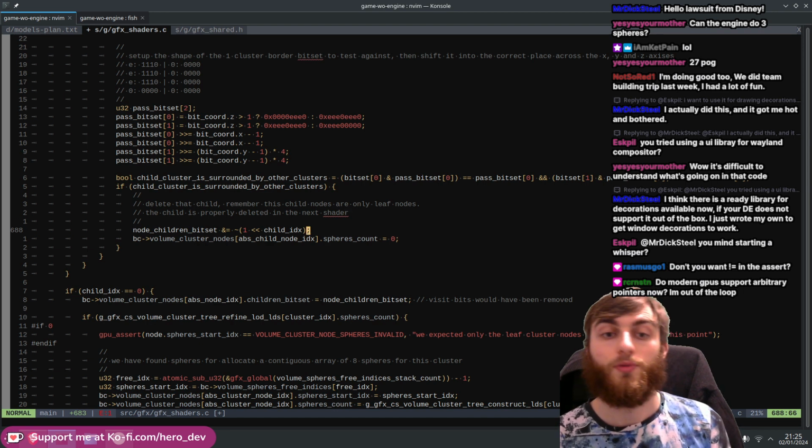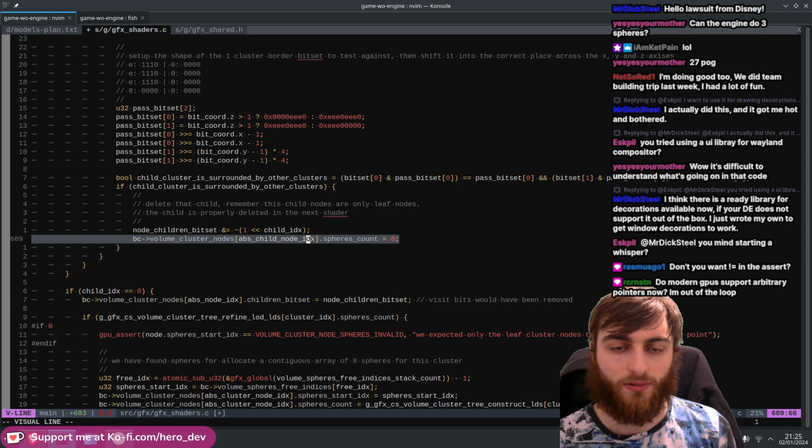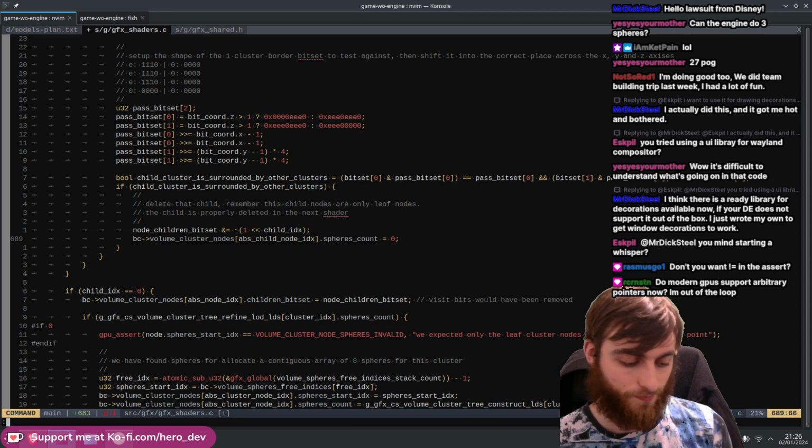So here we remove that, and we set this here. It's a leaf node. There are no children, then you would have got rid of the spheres. Excellent. Sweet.